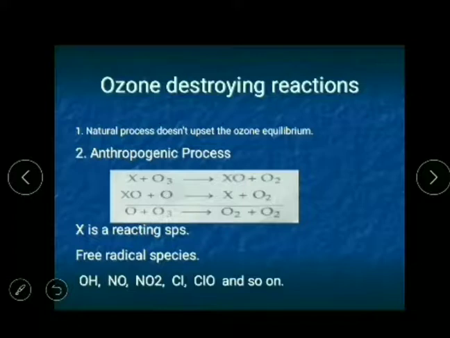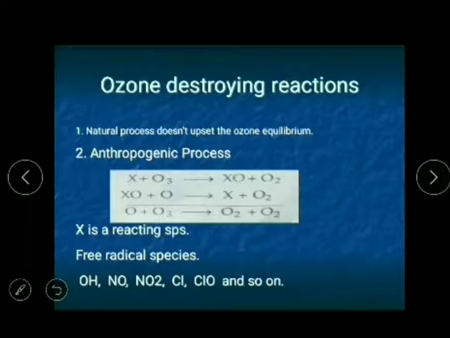So the decomposition of O3 molecule naturally does not upset the ozone equilibrium, because the loss of ozone is compensated by the creation of ozone through atmospheric circulation. So this does not affect the concentration of ozone. Okay, but the problem is the anthropogenic process.